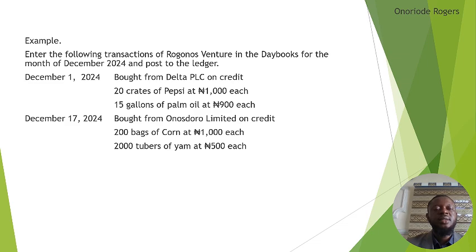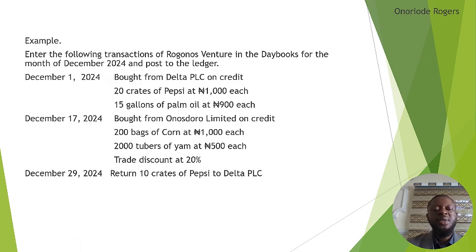Then on the 17th of December, bought from Zoro Limited on credit 200 bags of corn at 1,000 naira each. Then 2,000 tubers of yam at 500 naira each. Then trade discount at 20%.